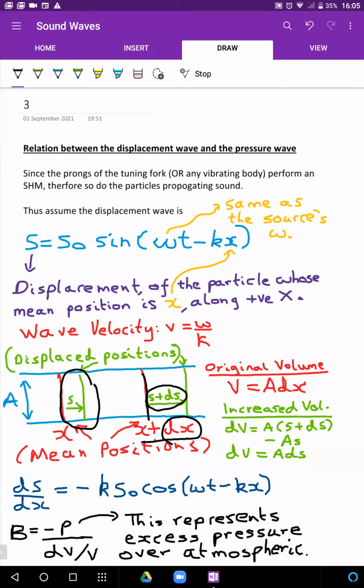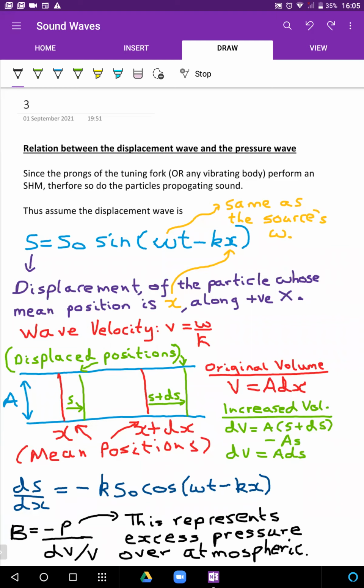Okay, it's going to be slightly different. It's at a different position, so it will have a different displacement. ds will exactly come from ds by dx. To get the value of ds, we'll have to find ds by dx. From there we'll come to know how much a particle's displacement from its mean position changes when the x coordinate is changed slightly. That's what calculus will tell us, and that's what differentiation means also. x increased by dx, so the displacement increased by ds. Right?